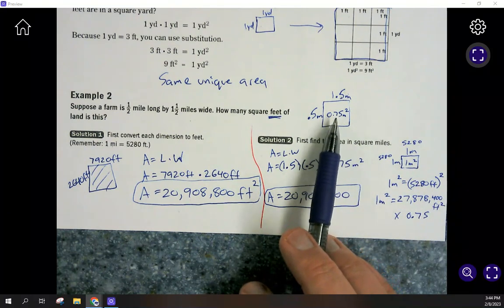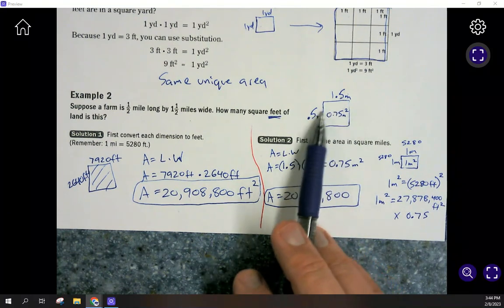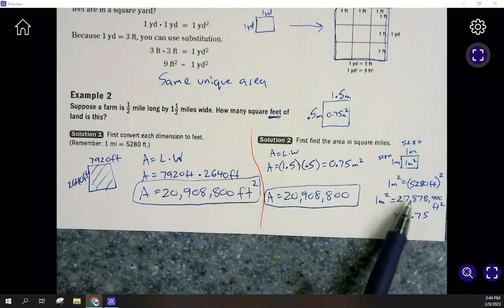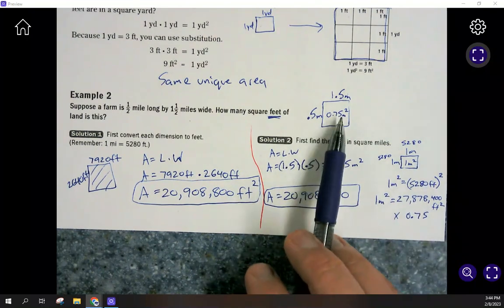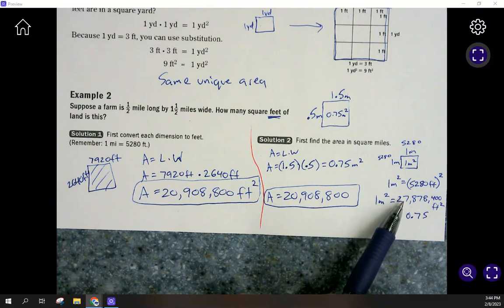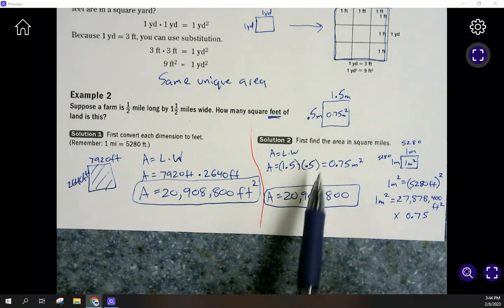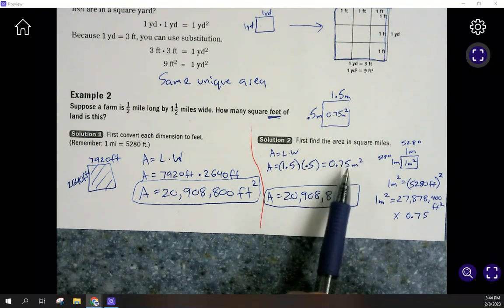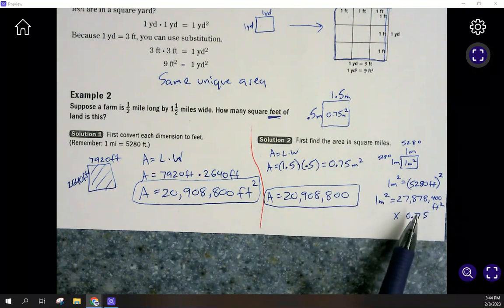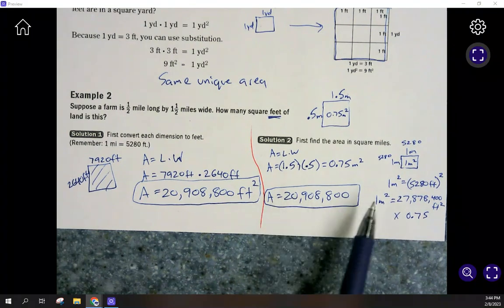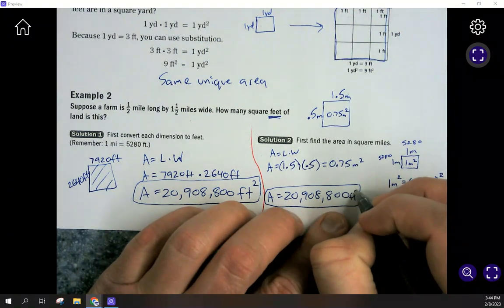So now that we know we're dealing with 0.75, let's say we're even dealing with 10 square miles. Well, then you would just multiply this by 10, whatever it is. So 1 square mile is this many square feet. So we just take what we're dealing with, 0.75 square miles, and multiply that times this, and boom, we've got our square feet.